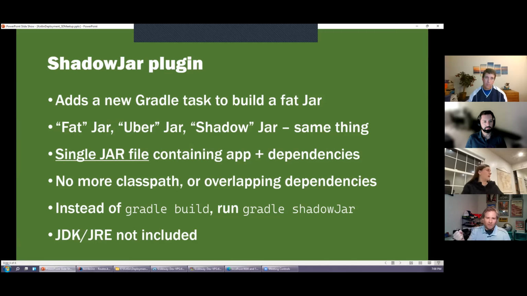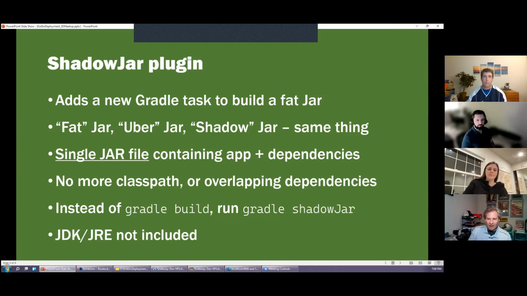And it just compresses it all into a single file, which is going to make deployment a whole lot easier. The problem with that class path is, where is it on your machine, on your server? You run into potential dependency conflicts where one program needs a certain version of something and another program needs a different one. Here, we just package it all together.